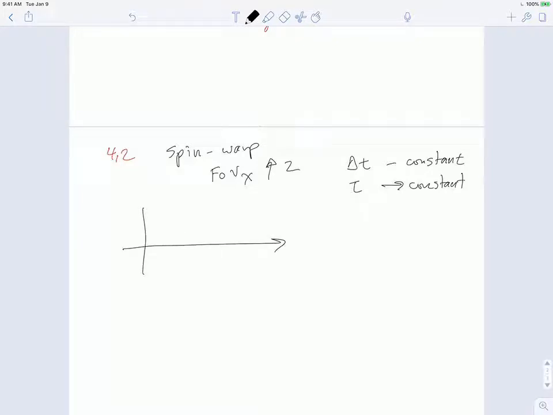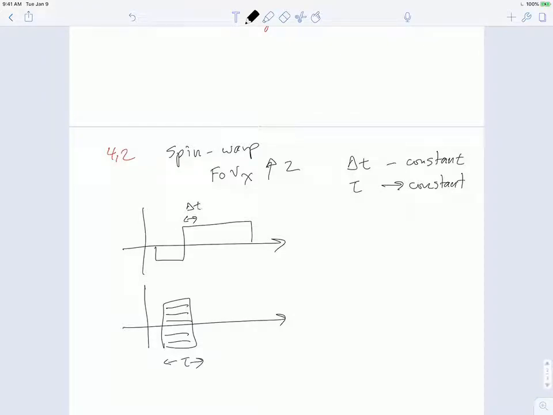So in our spin warp pulse sequence, this tau is kept constant, and this delta t is kept constant.